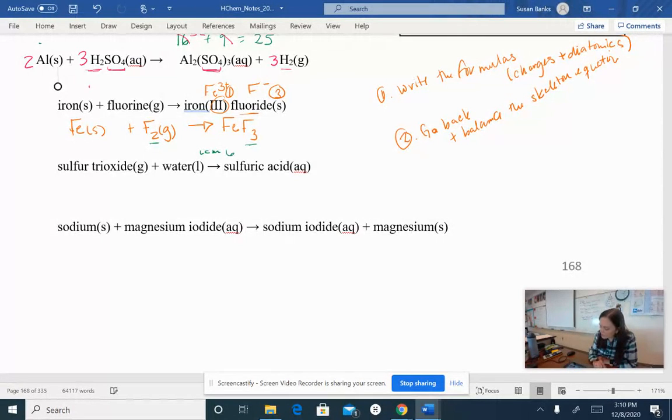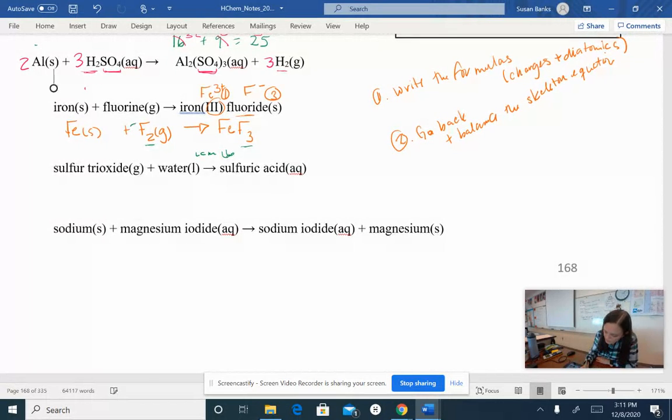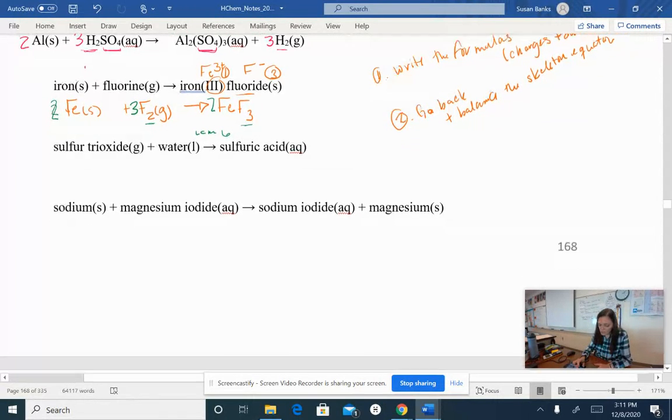So what do I need to multiply 2 by to get 6 fluorines? 3. And what do I need to multiply 3 by to get 6 in iron 3 fluoride? I need to multiply this by 2. So that means I've multiplied my iron by 2, so I need to multiply this by 2 as well. Okay? Let's do our next one.